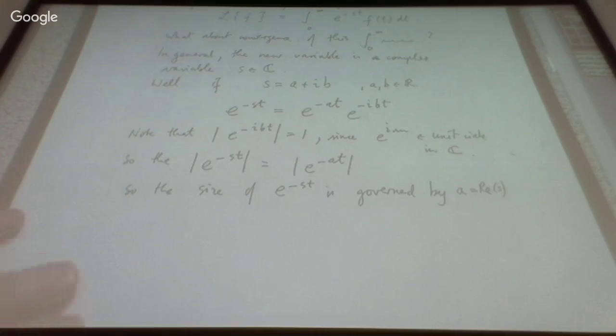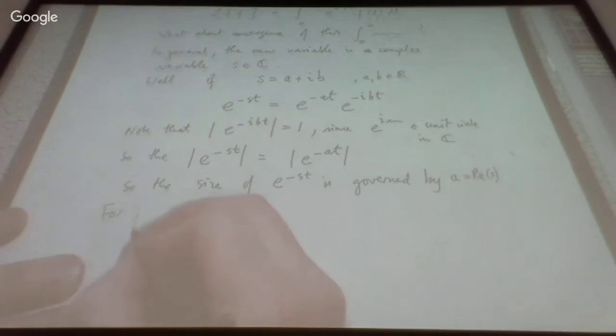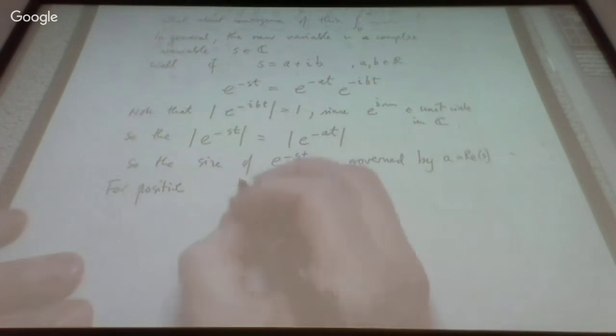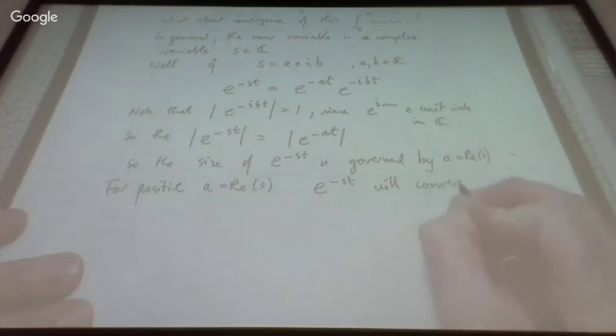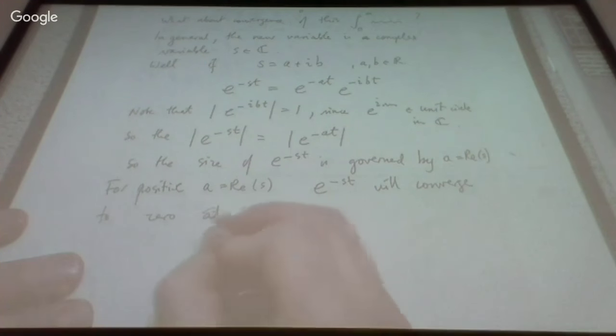And what you can see here is that for positive a, the real part of s, e to the minus st will converge to 0 as t goes to infinity.